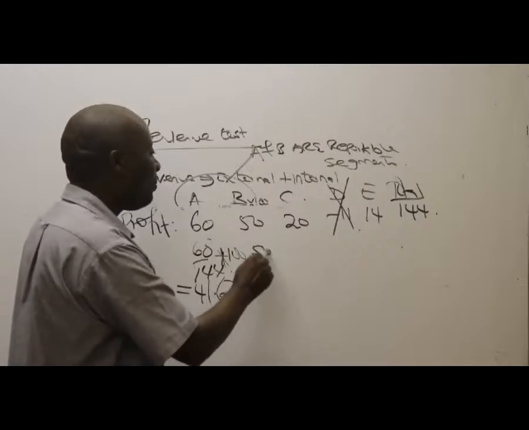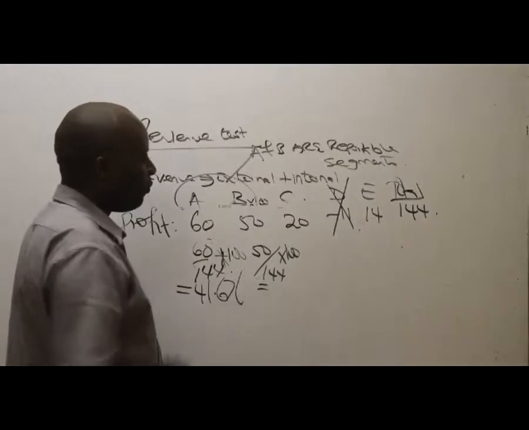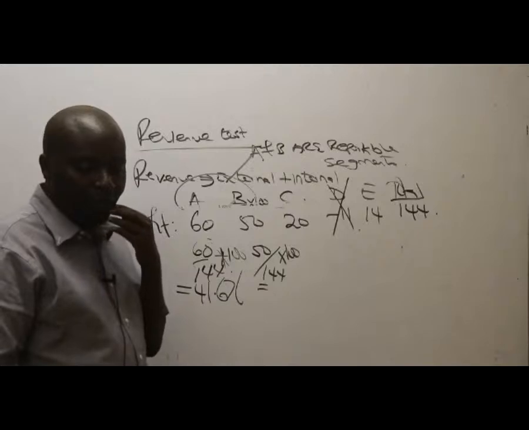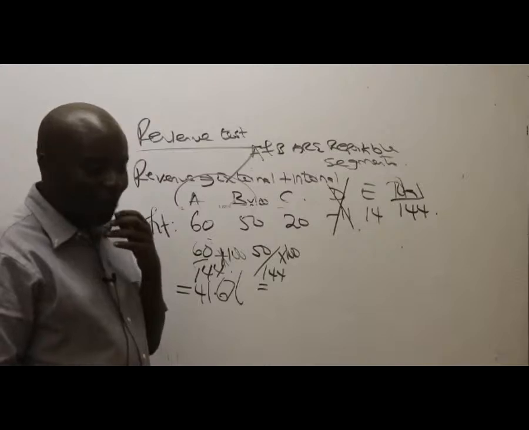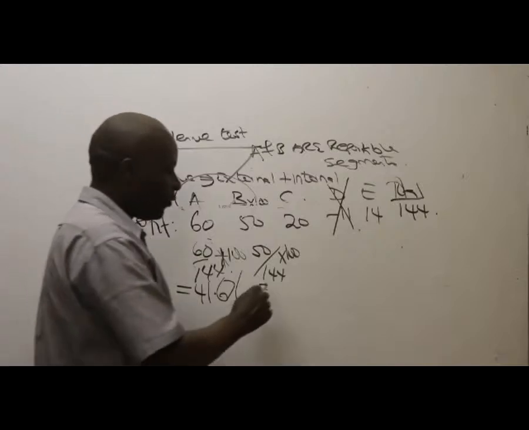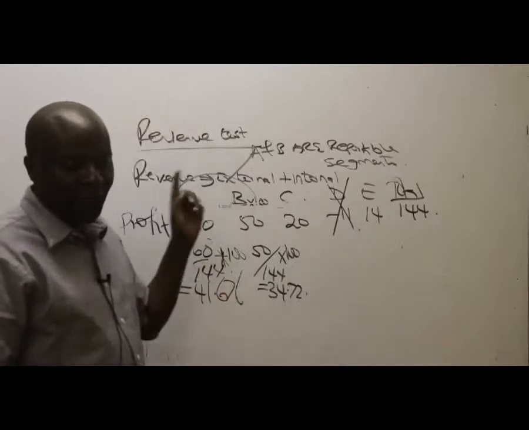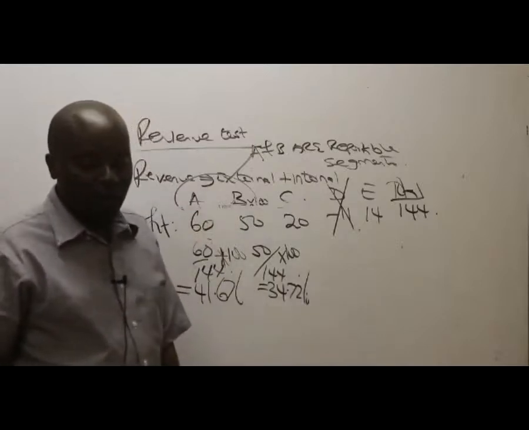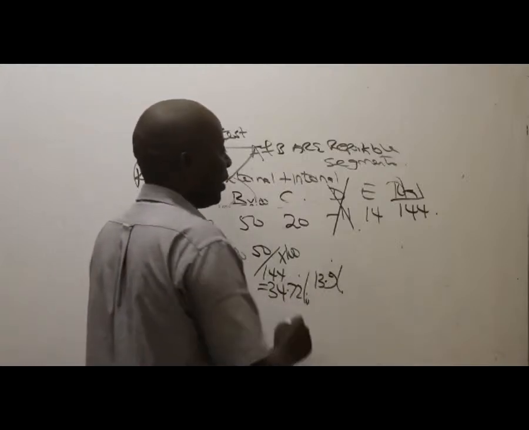So please go to B. B is 50 over 144 times 100. 34.72. How about C? 13.9%. So C is 13.9%.